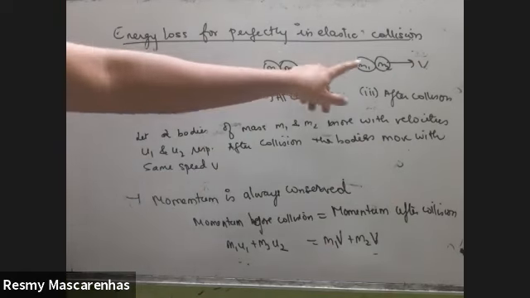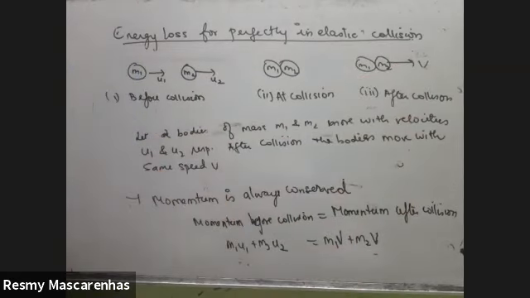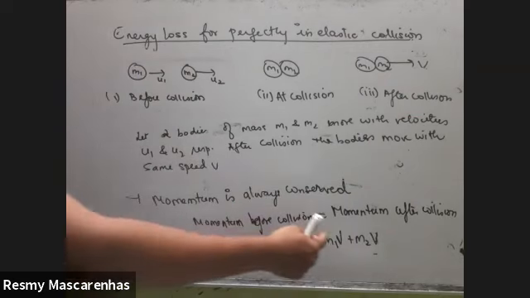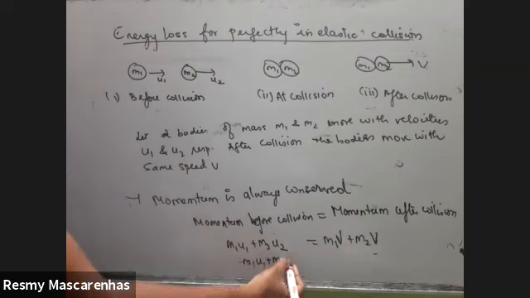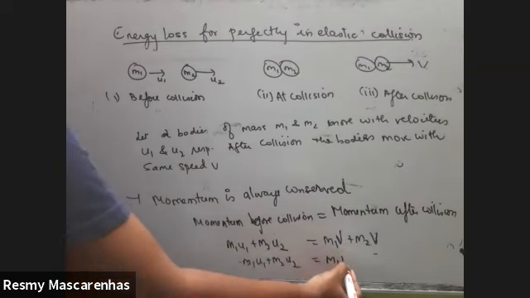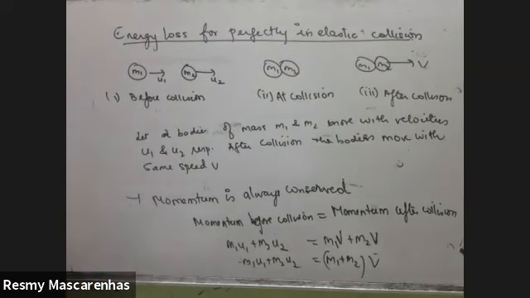Mass m1 is also moving with velocity v, and m2 is also moving with velocity v. So here v is common. So take out v common.